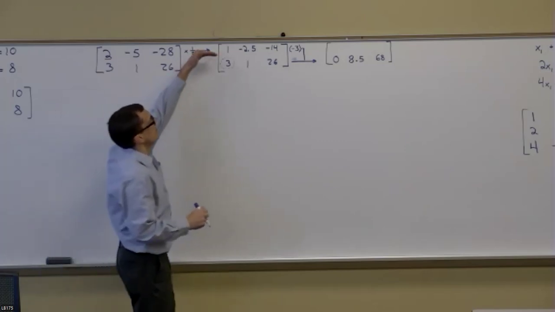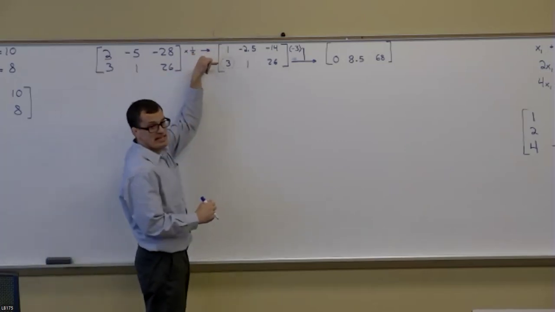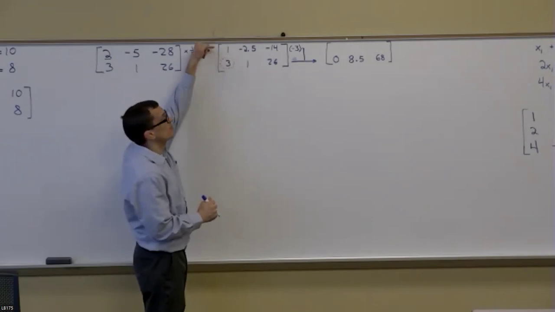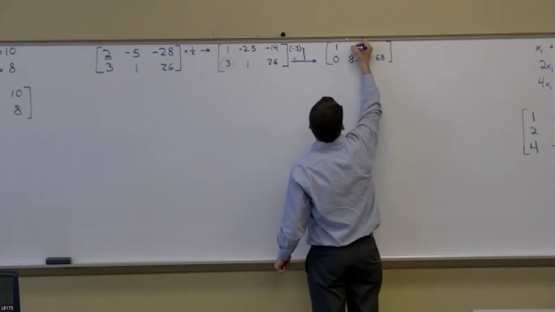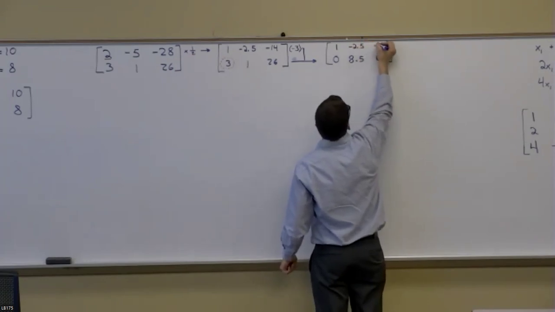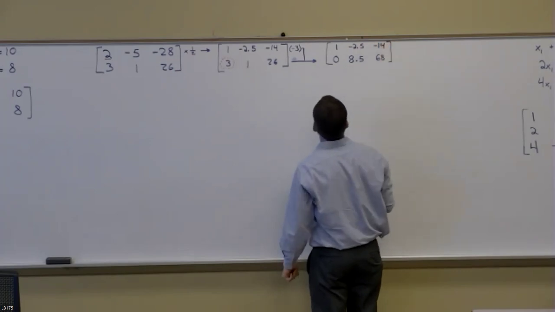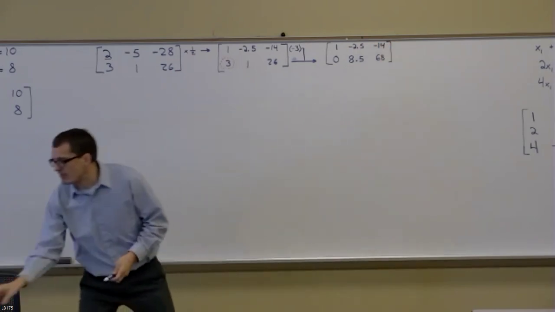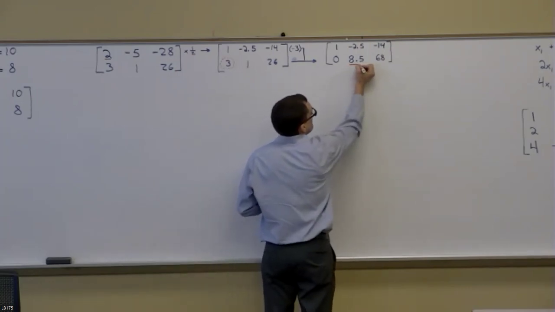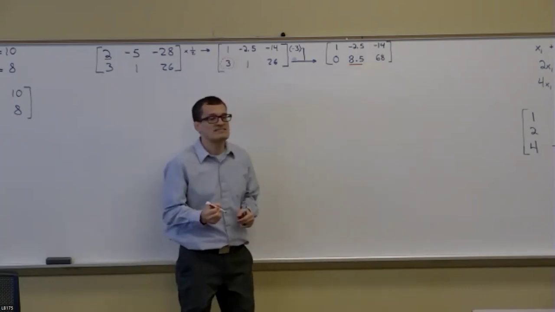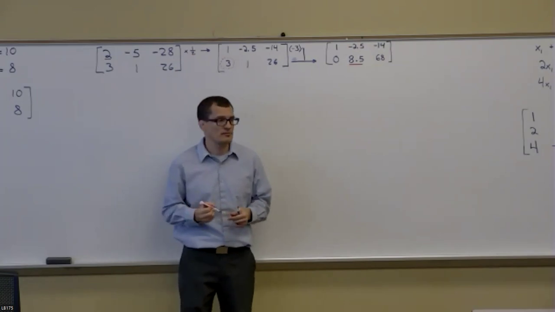Now, that just changed my second row. My first row is going to stay the same: 1, negative 2.5, negative 14. At this point, I can see where my second pivot position is going to be.